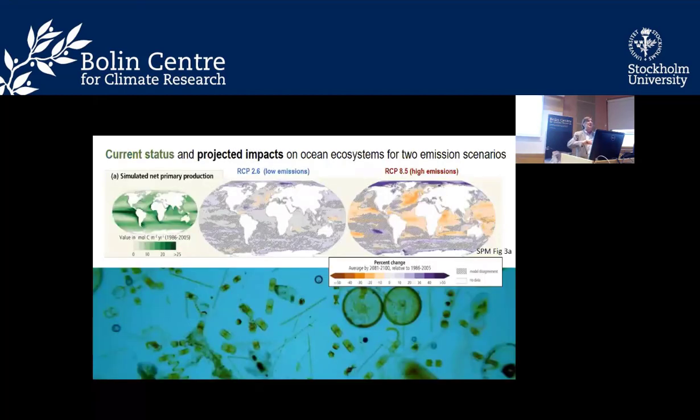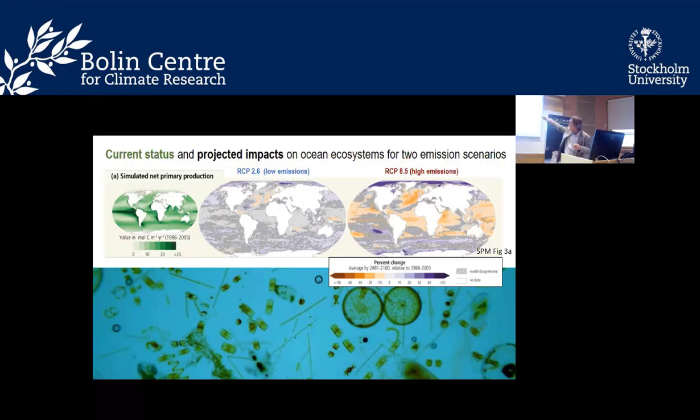Now, going on to the comparison of what has happened and what is likely to happen or may happen. Here we have the ocean ecosystems. For the low emissions that we've heard about, the RCP 2.6, it's pretty gray in the middle. No major changes seem to be happening in terms of net primary production.